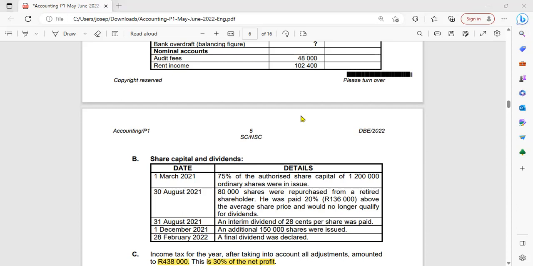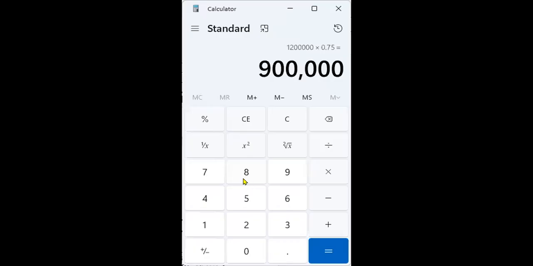So you're going to say 136,000. Then we divide it by how much? By 80,000. As 136,000 is the total cost, we divide it by 80,000, which is the number of shares.